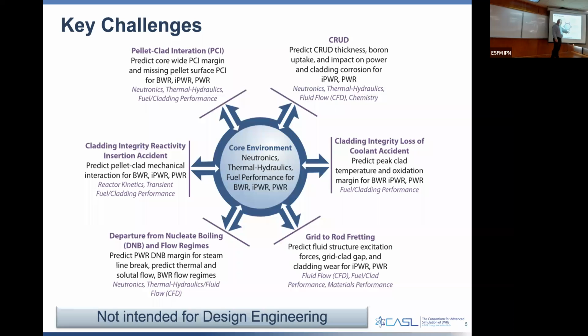And then grid-to-rod fretting. The fuel rods are sitting inside of these assemblies, and they have little springs holding them in place. They're not welded anywhere at all. And you have really fast water flowing vertically through this system.